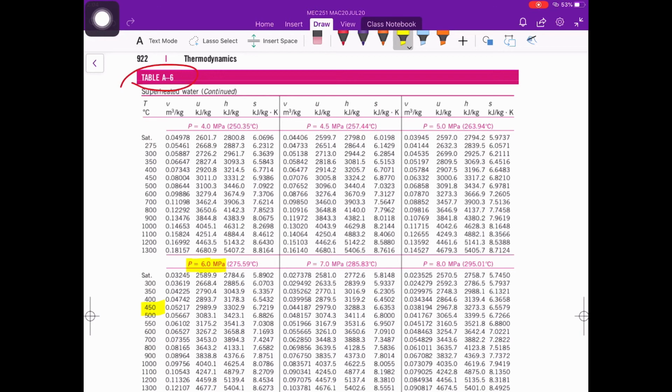Thus, we're going to refer to table A6 for the pressure of 6 megapascal and the temperature of 450 degrees Celsius. The values that we are going to retrieve from this table are the enthalpy and the entropy.